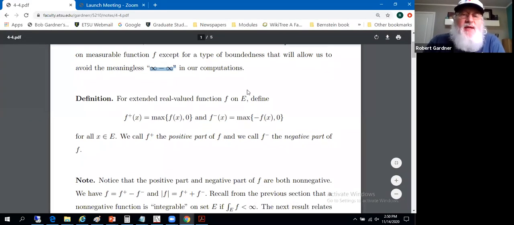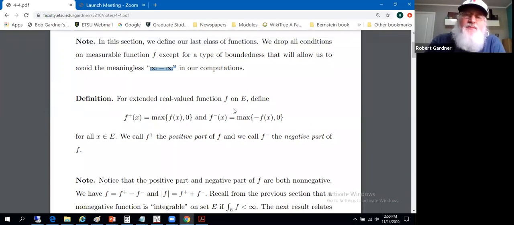First, we'll take an extended real valued function f on set E and define the positive part of f to be the maximum of f of x and 0, and the negative part of f to be the maximum of negative f of x and 0. So when f of x is positive, the maximum of these two is f of x itself.